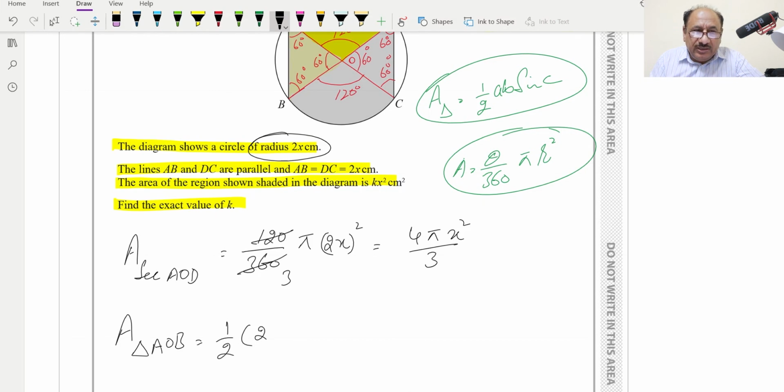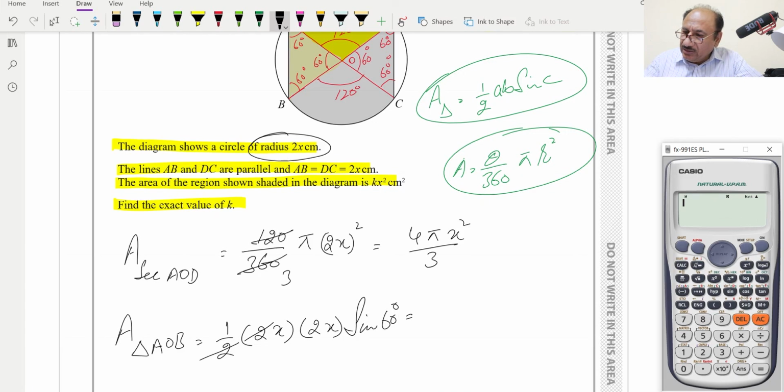A is the radius, which is 2x, B is also a radius, which is 2x, into sine of 60 degrees.